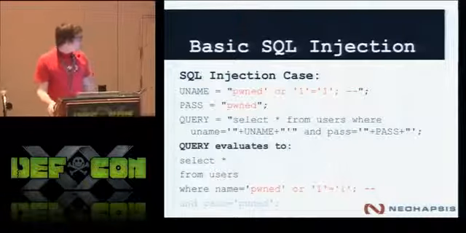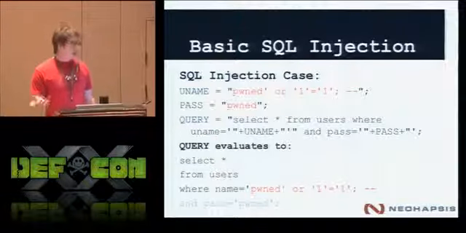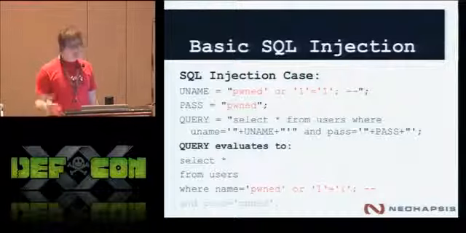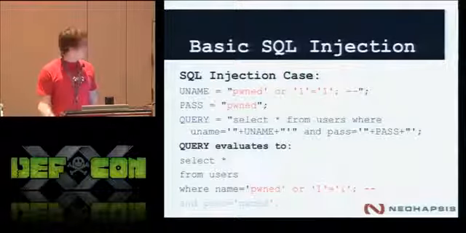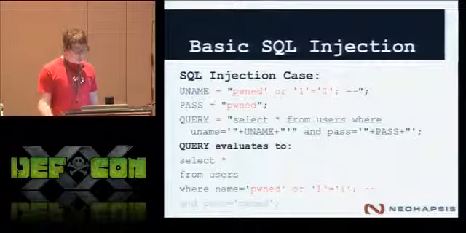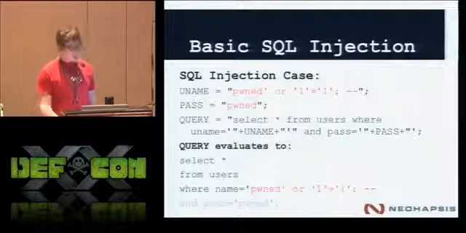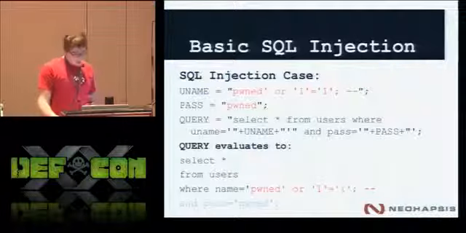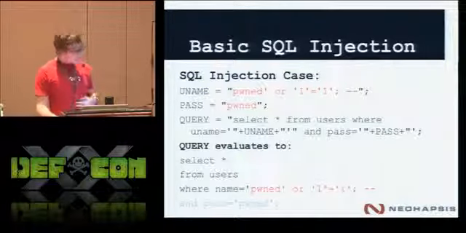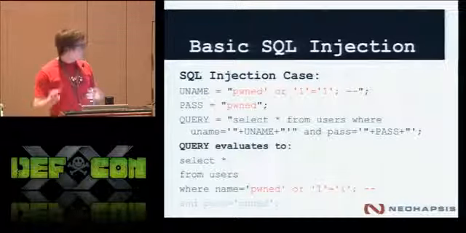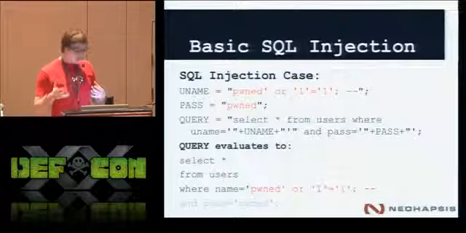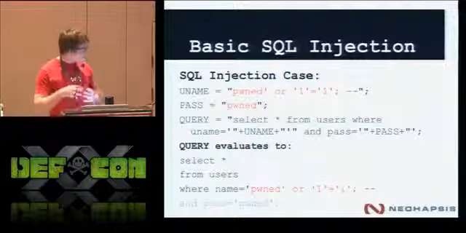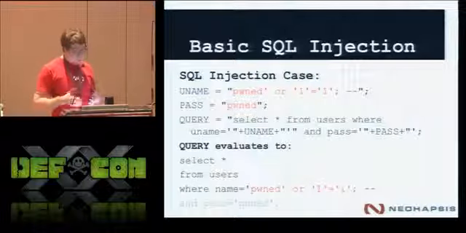We're inserting in the value uname, so we can imagine like a web request, right? You're passing in parameters and whatnot. So we have the username parameter and the password parameter, and we're going to go ahead and pass in pwned, tick, or 1 equals 1. There's a typo there. And when you look down at the way the query evaluates, you see that it basically breaks us out of the way that the query looks.